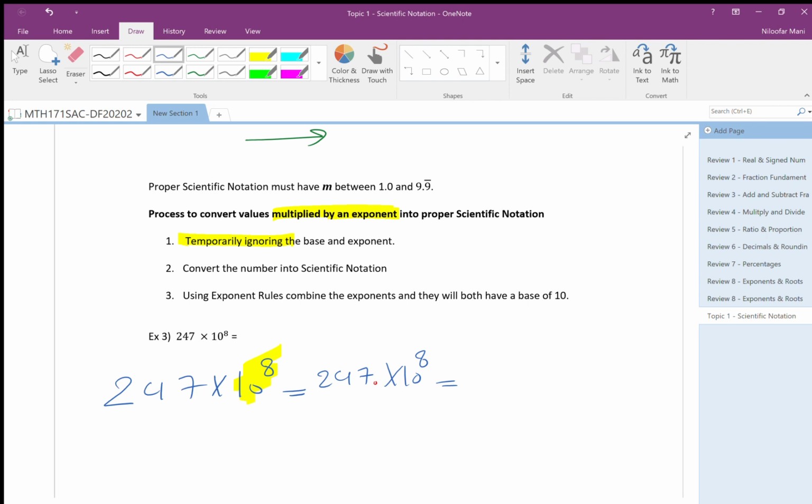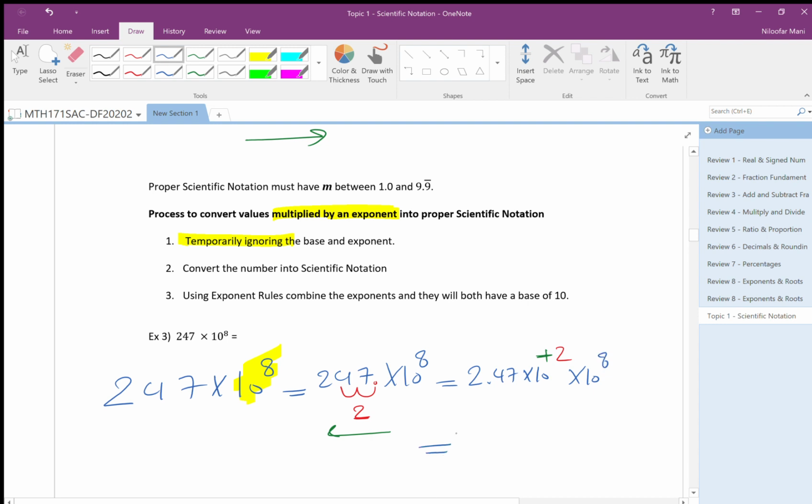Okay, so I put a decimal, then I move my decimal, 1, 2, I move 2, to the left. So my number is 2.47 times 10 power plus 2. I already have 10 power 8 as well.